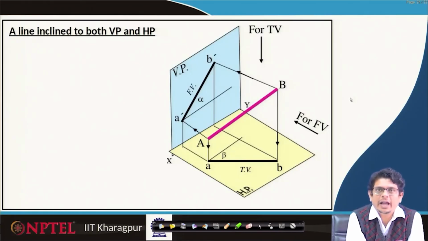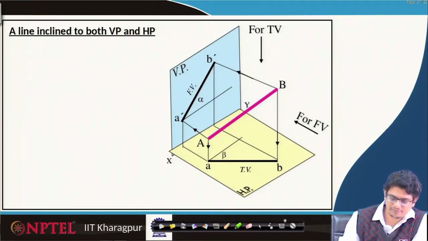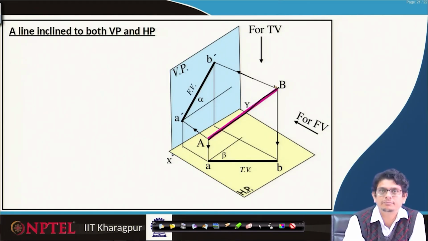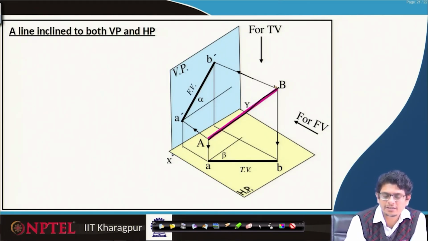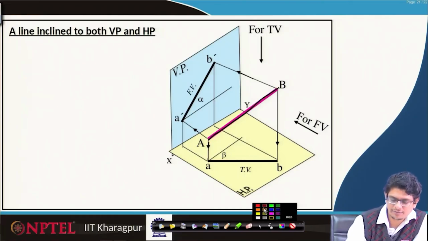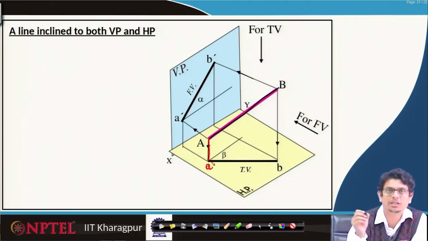Let us pick an AB line. If we are seeing by projecting this A all the way down, we get A on the horizontal plane.